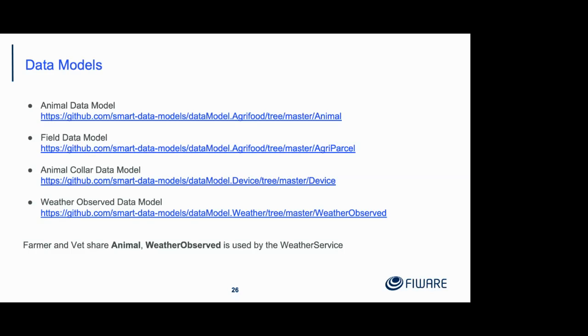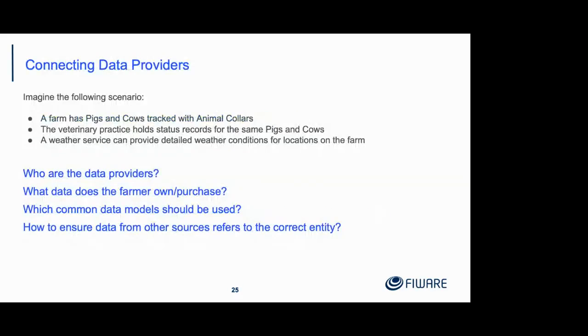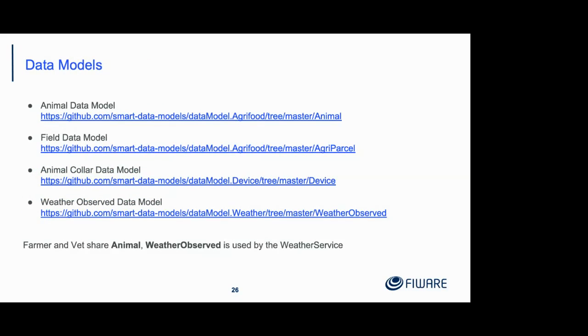Now, I would also want to find out about the weather service providing detailed conditions for locations on the farm. An animal is not going to have a weather. It doesn't make any logical sense. But you're much more likely to have information about an agri-parcel, a field, and then that potentially could be connected to the weather.